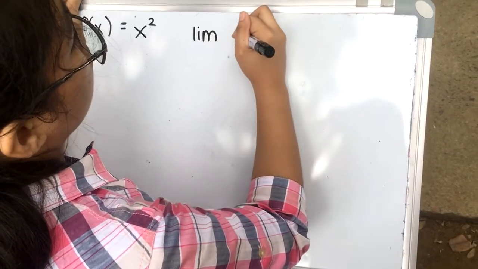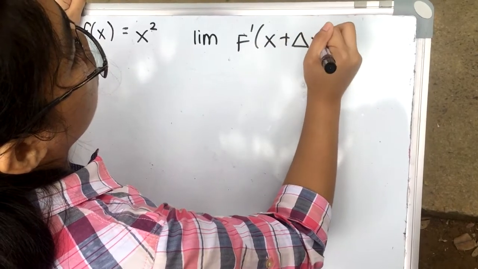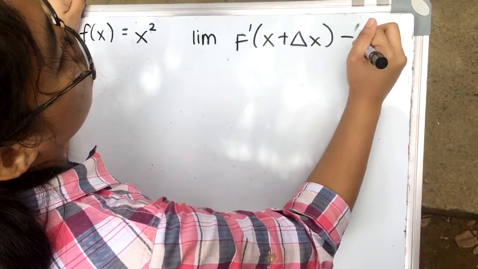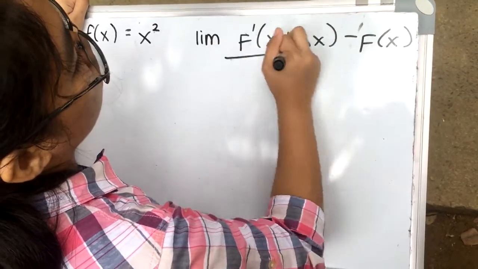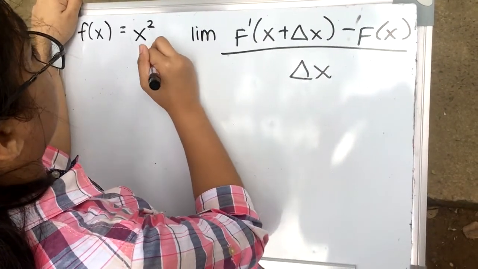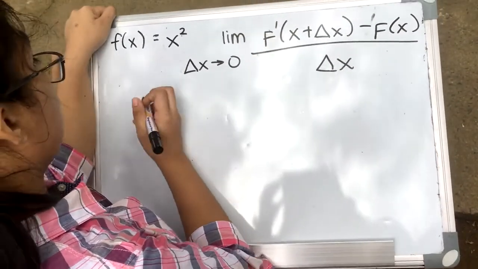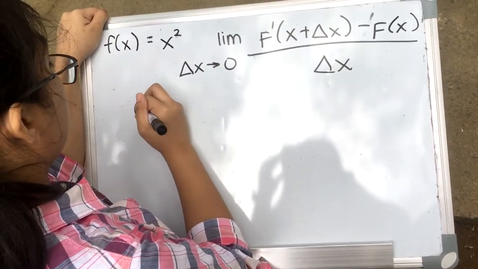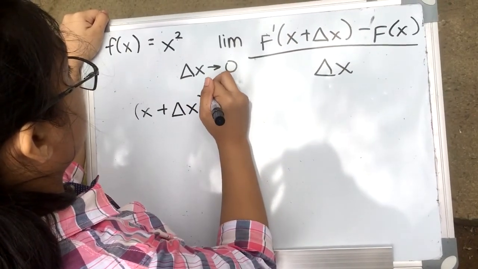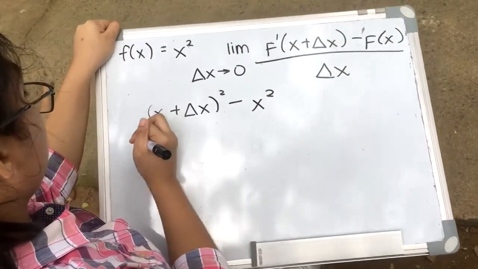Now in answering number 3, we have f of x equal to x squared. We can directly substitute x squared to the limit of f of x plus delta x minus f of x all over delta x, as delta x approaches 0. And we have the quantity x plus delta x squared minus x squared.